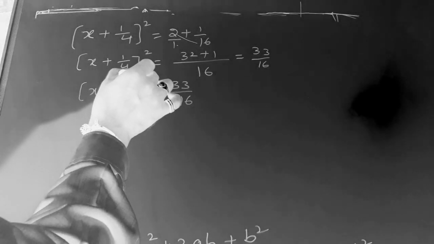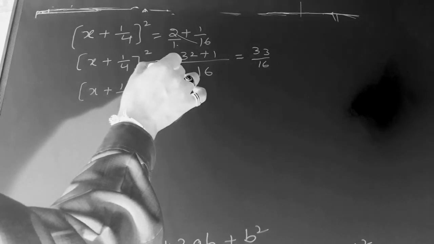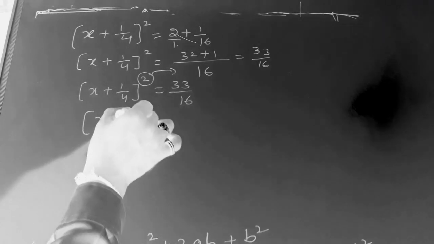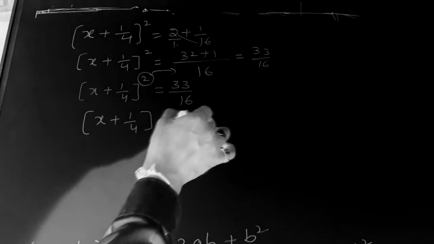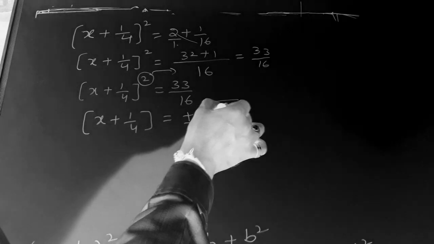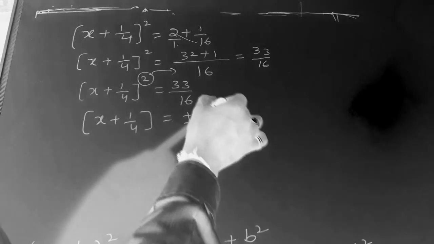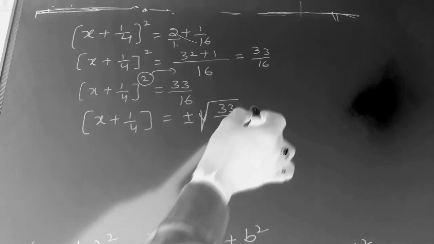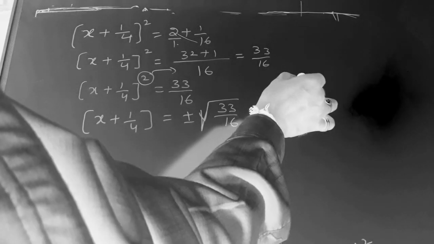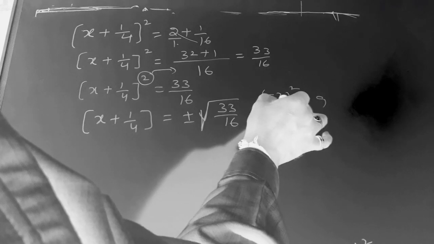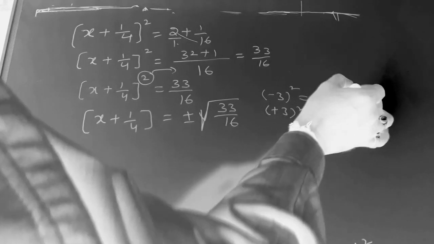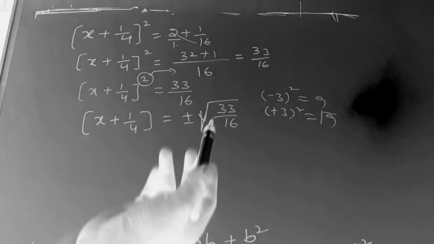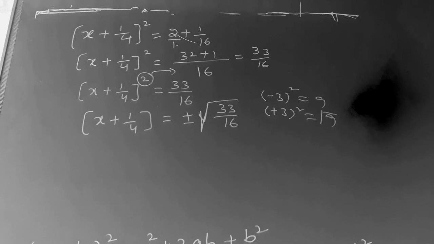So on the left side we have the square. If you send this square to the right side, it becomes square root. So plus or minus square root of 33 by 16. Why we are keeping plus or minus: minus 3 square is also 9, plus 3 square is also 9. Just an example. So square root of 9 has 2 values, one is plus 3, one is minus 3.